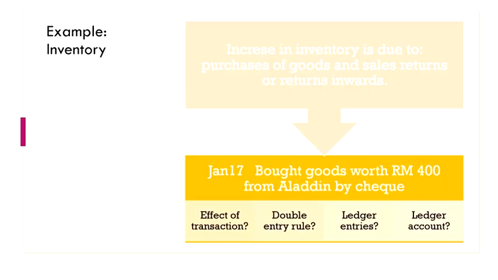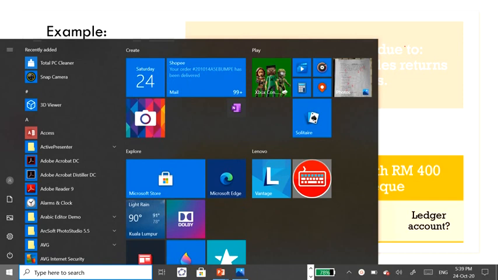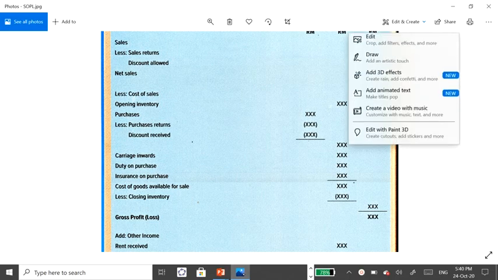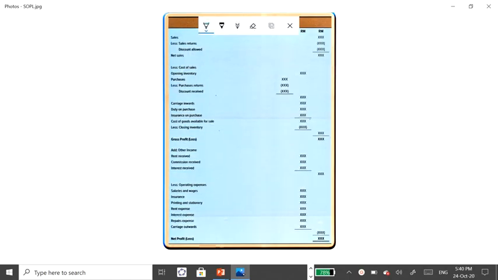Okay, so next is inventory. So increase in inventory is due to purchases of goods and sales return or return inwards. Okay, ni dua ni akan menyebabkan increase in inventory. So dalam soalan nanti you akan alert ada dua jenis return, return inwards dan juga return outwards.